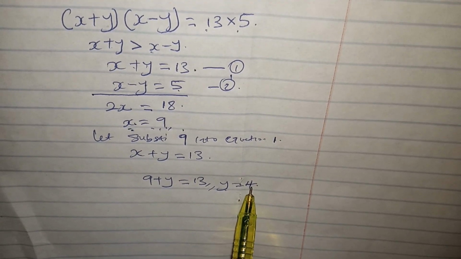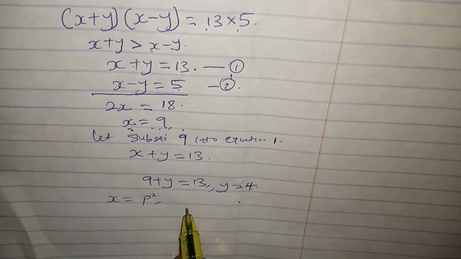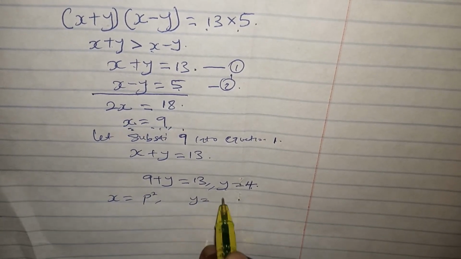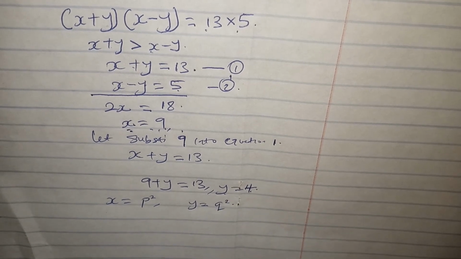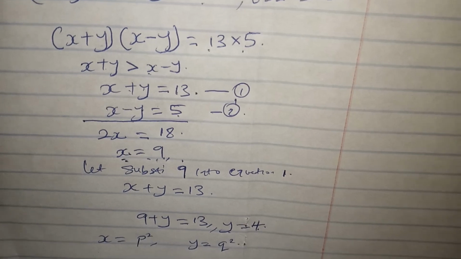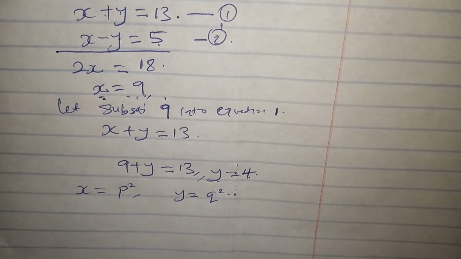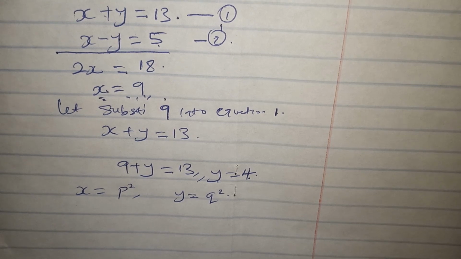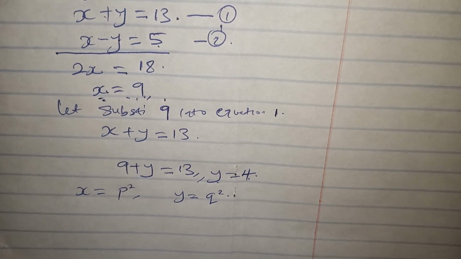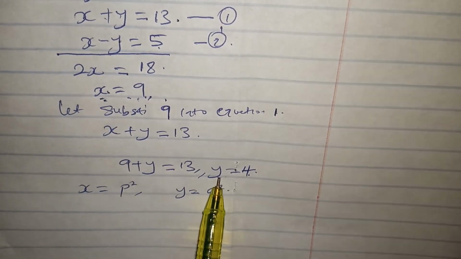And we said our x is equal to p squared, okay? Then our y is equal to q squared. So let's solve further. We know that our x is equal to 9 and our y is equal to 4.